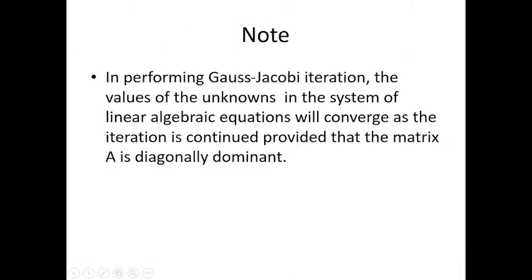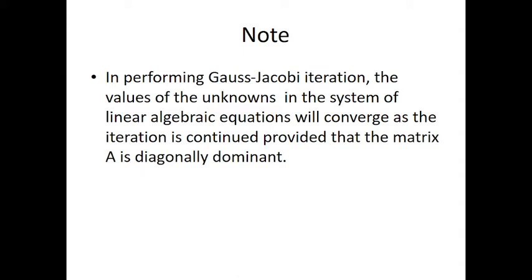So, in performing Gauss-Jacobi iteration, the values of the unknowns in the system of linear algebraic equations will converge as the iteration is continued, provided that the matrix A is diagonally dominant.